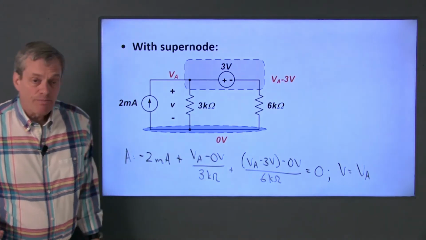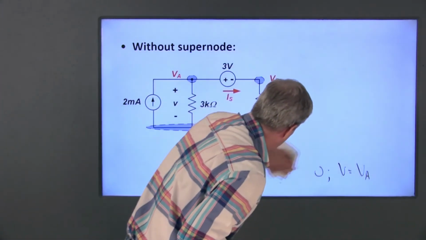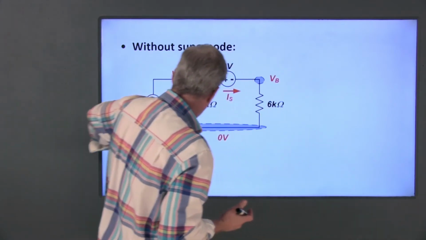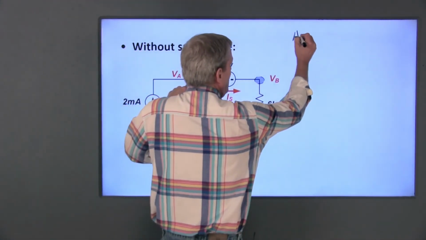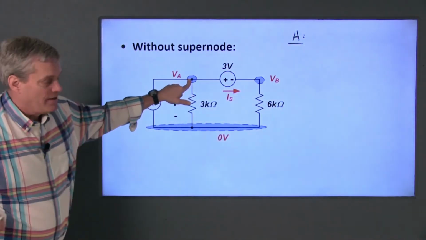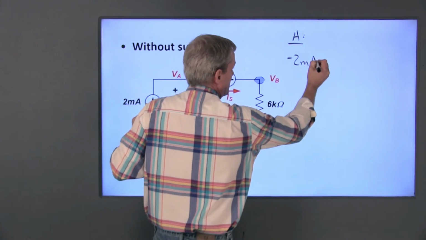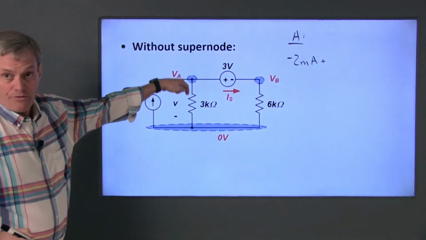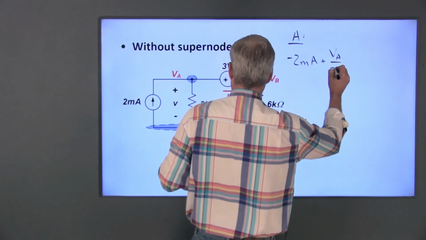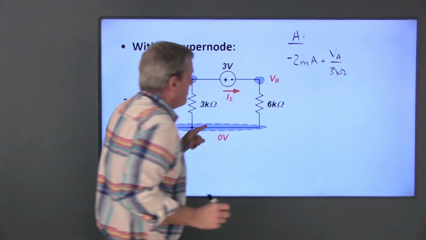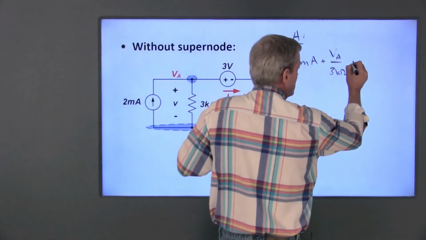Now let's redo the problem without using a supernode. KCL at A, which is an independent node, is negative 2 milliamps plus the current through the 3 kilo ohm resistor, which is (VA minus 0) over 3 kilo ohms, plus the current through the source, which is another variable, IS.